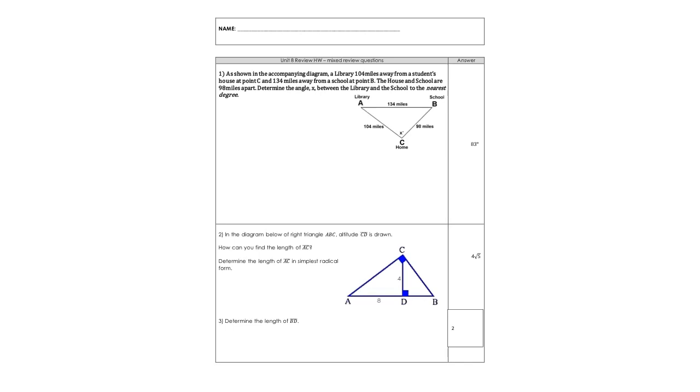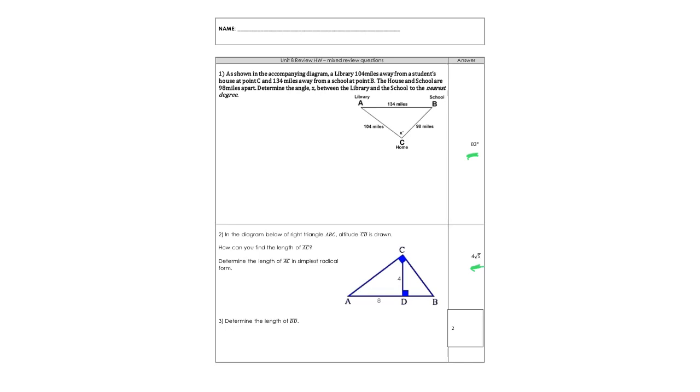If you're on Google Classroom, it's the last couple pages of that packet. You'll notice the answers are here so you could check your work. And what I want you to do, there's 3 on the front and 3 on the back. So you just have to choose 3 to do.